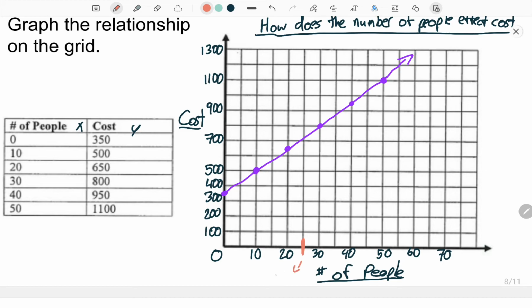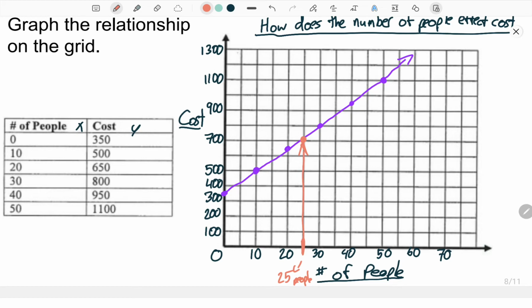So that'd be 25 people. So what we need to do is follow this upwards on the graph. Let's just make that a little neater. So we're going upwards and we're just seeing where does that reach. And it basically reaches right there.